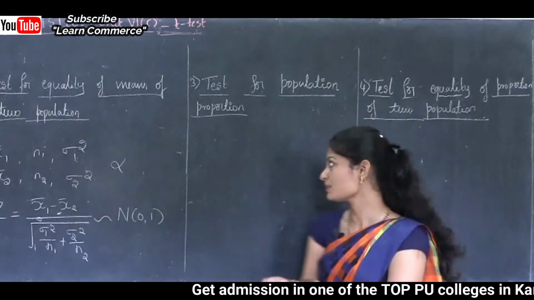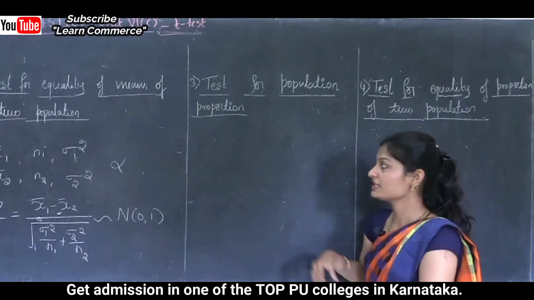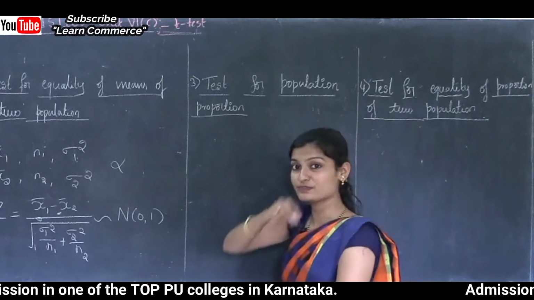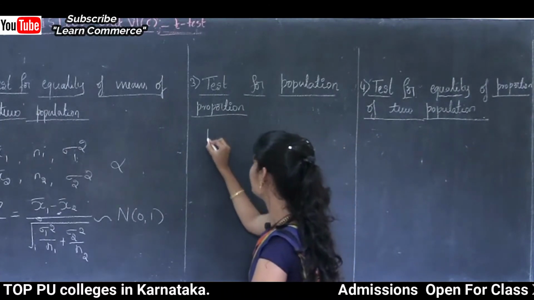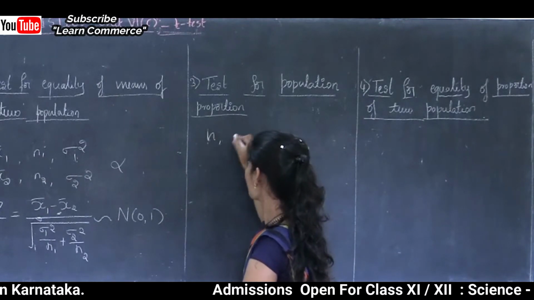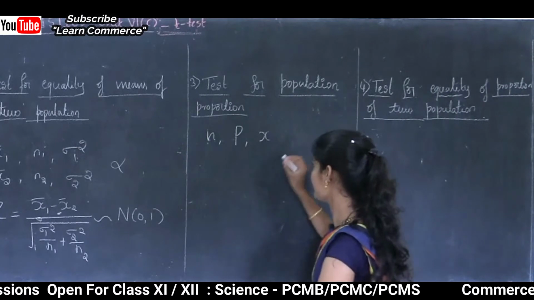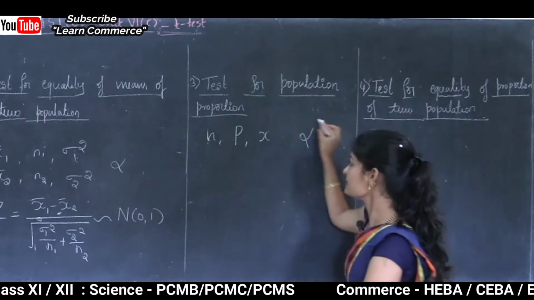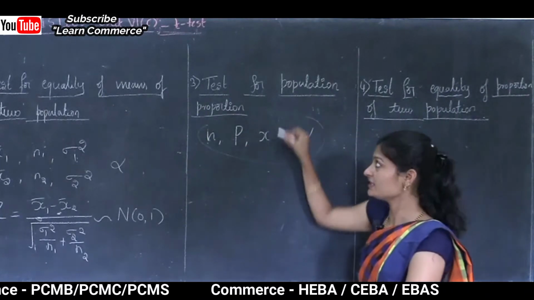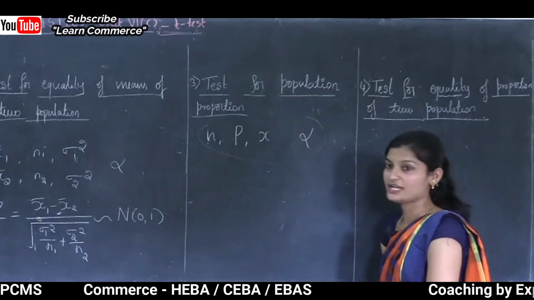Then the third application is test for population proportion. In this case, small letter n, capital letter P and x observations are given along with alpha. Then it is test for population proportion.